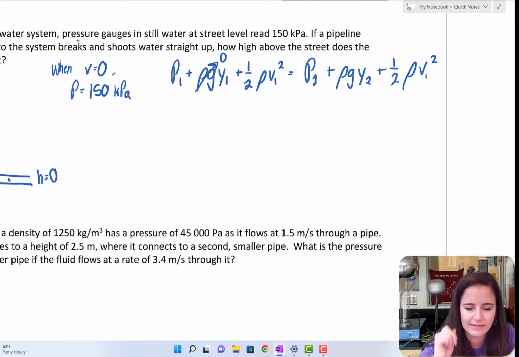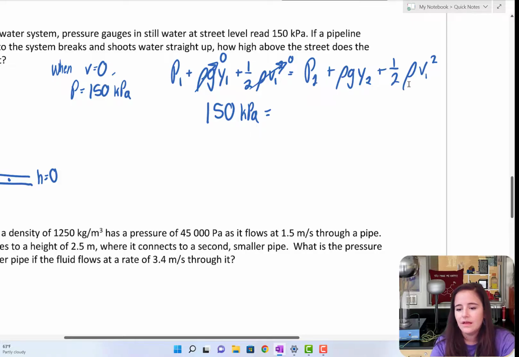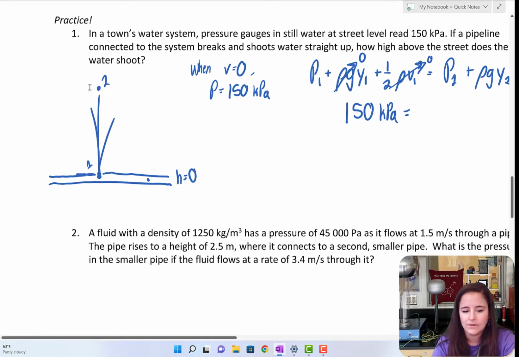Anything times 0 is 0. And then it is still water. It's not moving. So at that point, its velocity is also 0. Okay? So our pressure at that street level is 150 kPa. Now, that's going to equal this pressure as we go up.